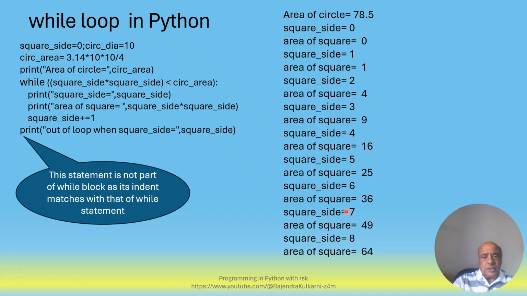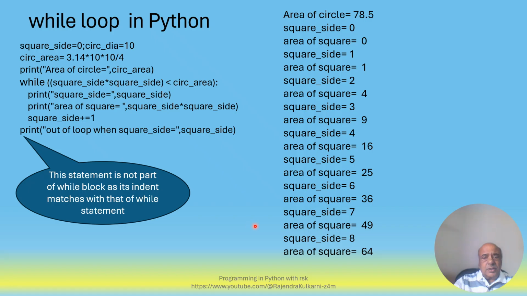In this way, as long as the area of the square with side up to 8 is less than the area of the circle, which is 78.5, the loop will iterate.